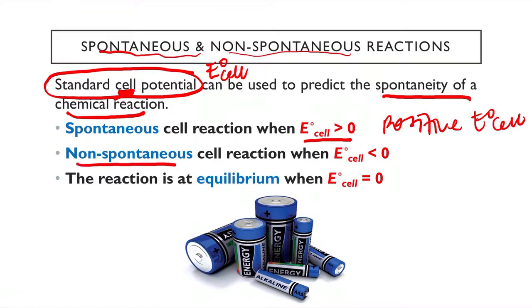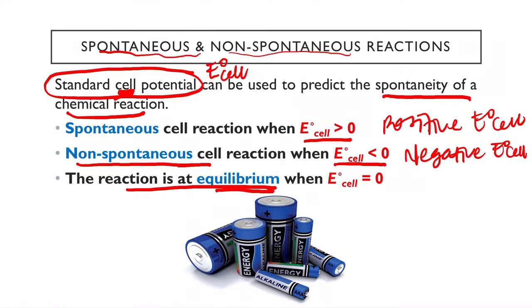Whilst a non-spontaneous cell reaction is when your E naught cell is less than 0, a negative value. That means it needs a boost from other energy in order to have a chemical reaction. The reaction is at equilibrium, remember chemical equilibrium, when your E naught cell is 0. That means the rate of your forward and reverse reaction is the same.